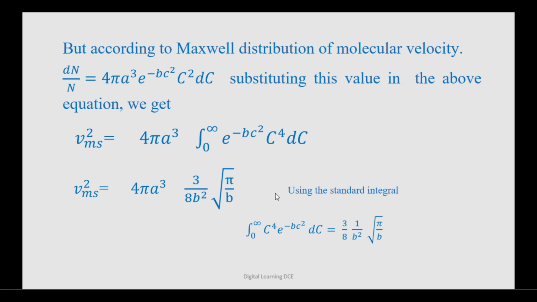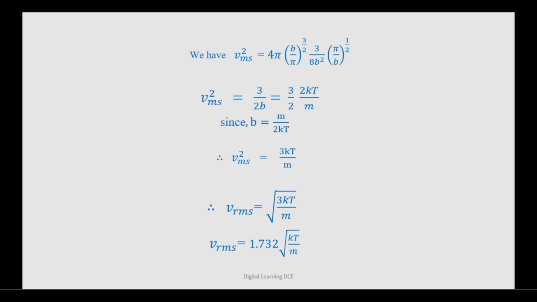Again, this integral is another standard integral, and its value is 3/8 times 1 divided by b squared into the square root of pi by b. On substituting this value, we get 4 pi a cubed times 3/(8b squared) into the square root of pi/b.